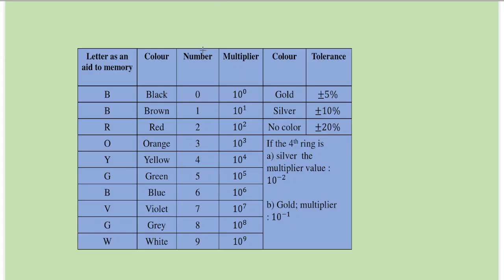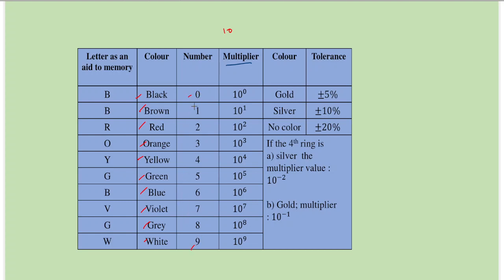Now each color has its own number as well as something called a multiplier. To understand this, there are 10 colors chosen. The colors are black, brown, red, orange, yellow, green, blue, violet, gray and white, and their corresponding numbers start from 0 and go till 9.